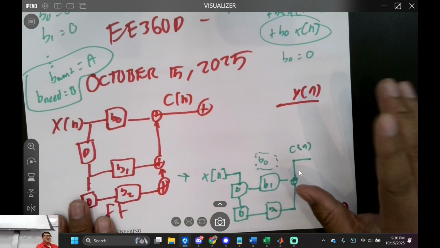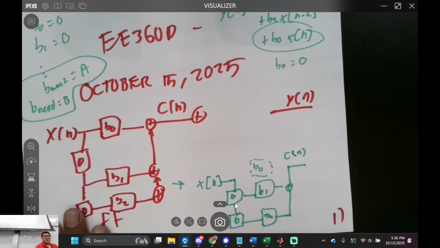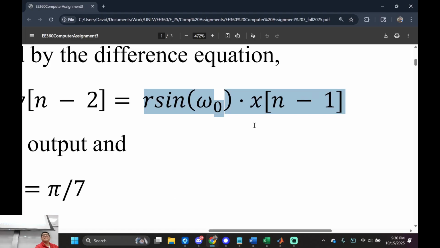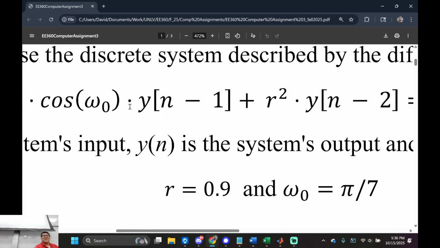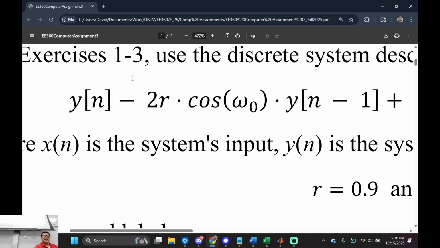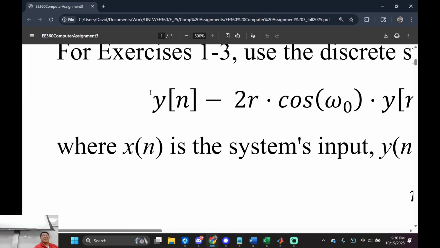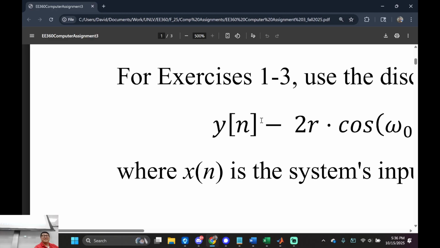So if you want to be smart about it, understand what terms are given on the computer assignment. We have a delayed input, and look at this, we have a delayed output. What's a0? Just by looking at just this term.